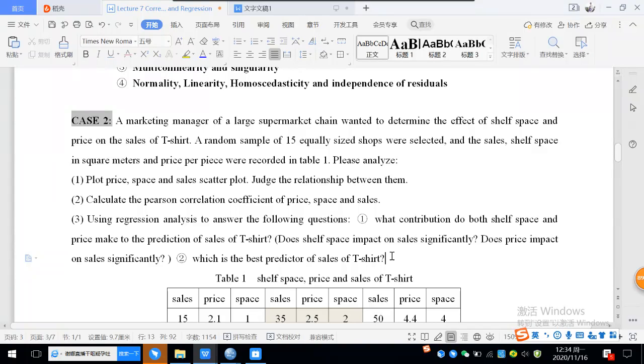We need to cancel the variable whose coefficient is not significant. Got it? Okay. So that's all for today's class.